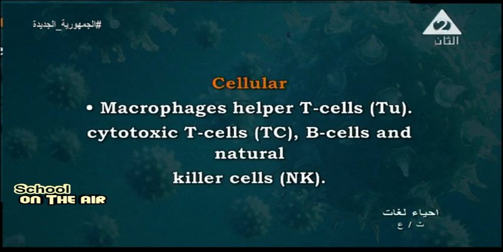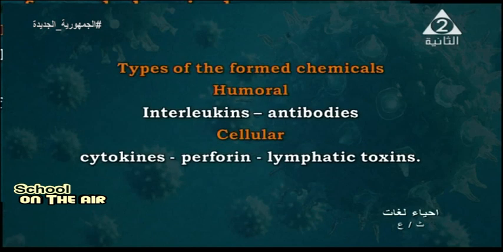What are the cells found in the cellular? Macrophage, helper T cell, cytotoxic T cell, B cell and natural killer cells. Types of formed chemicals: the chemicals formed by humoral are interleukins and antibodies.